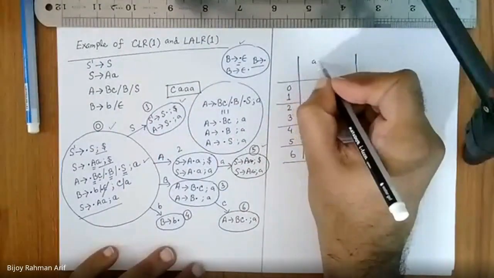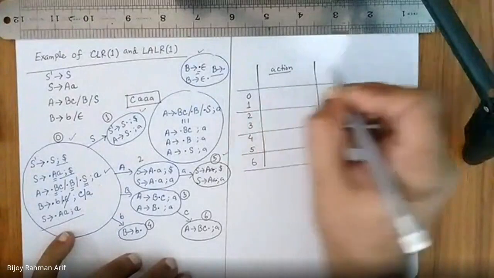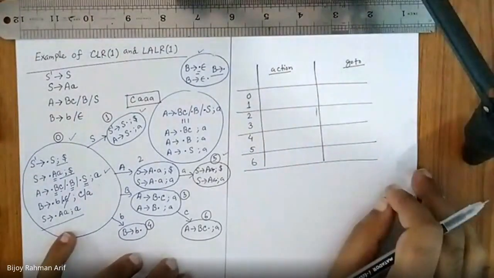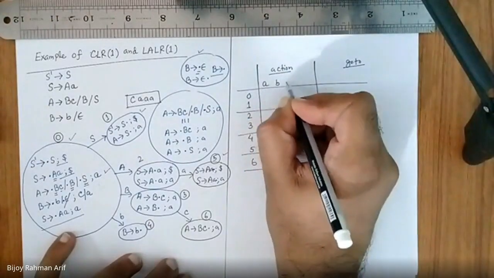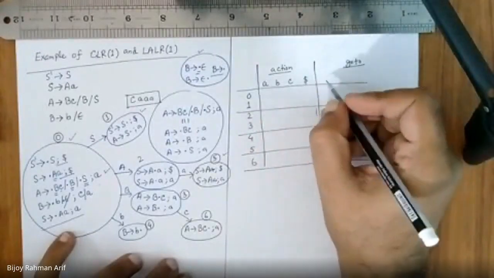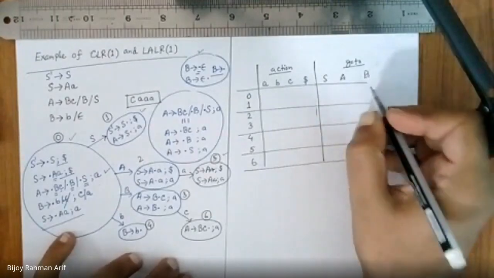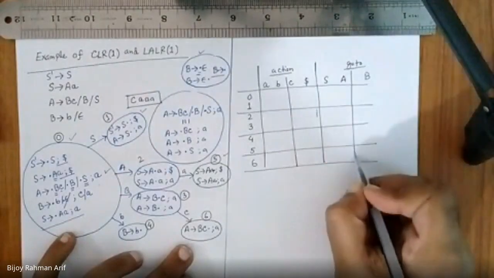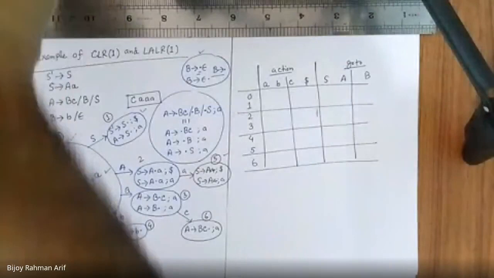Action, goto. Action is on A, B, C, dollar; goto on S, A, B. Yes. Now fill up the table.